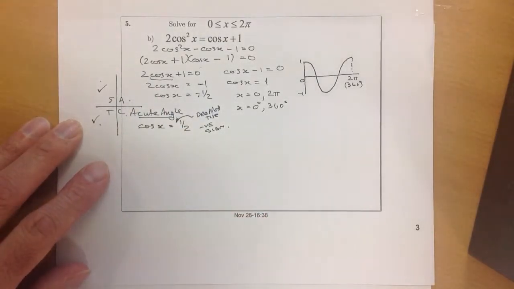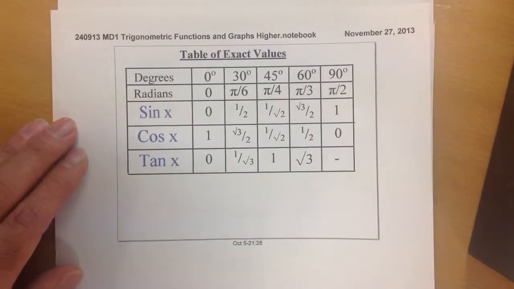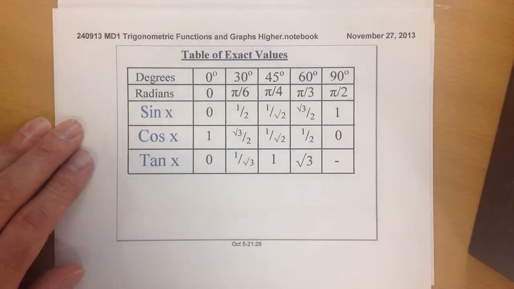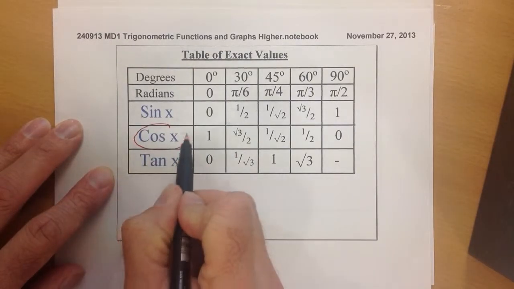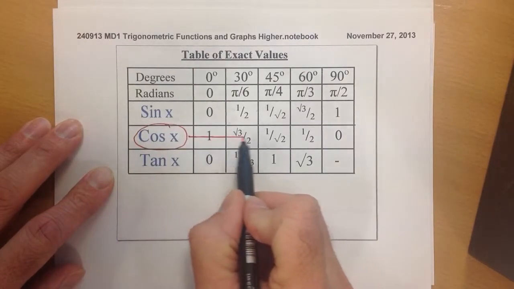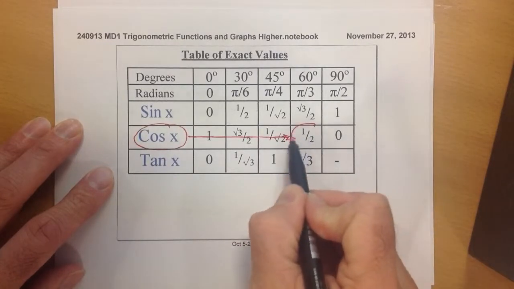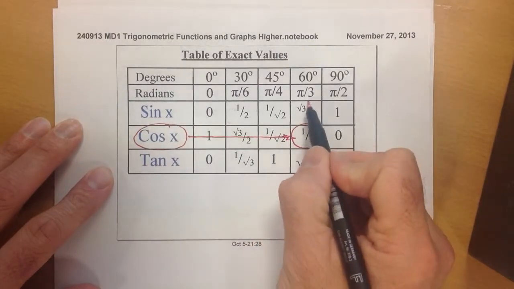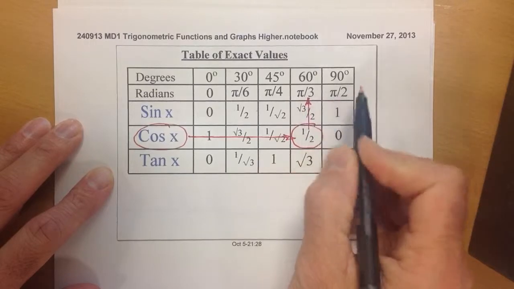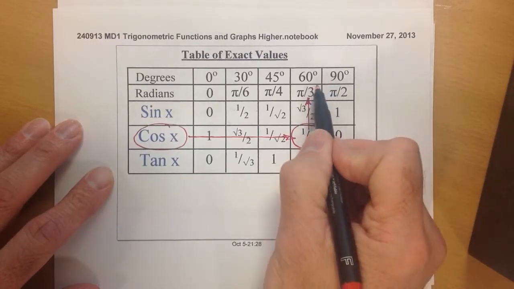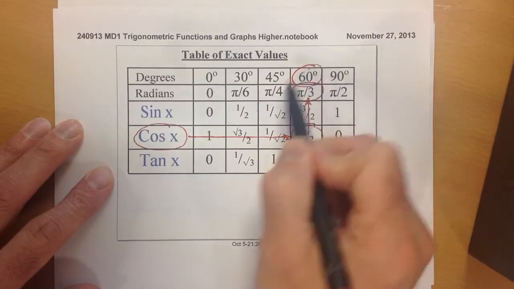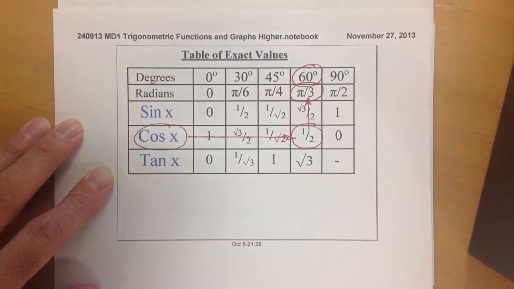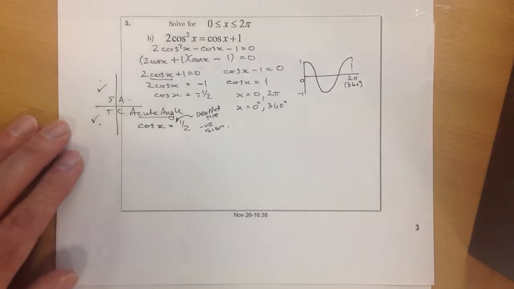I'm going to look at the table of exact values, and from this table I'm going to find where cosine x is equal to a half, and that's along here. That's going to direct me to my answer for the acute angle. That's going to be pi upon 3, or working in degrees, that would be 60 degrees. So that's what I'm going to use for this question.